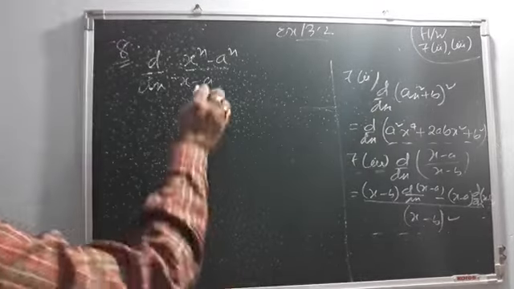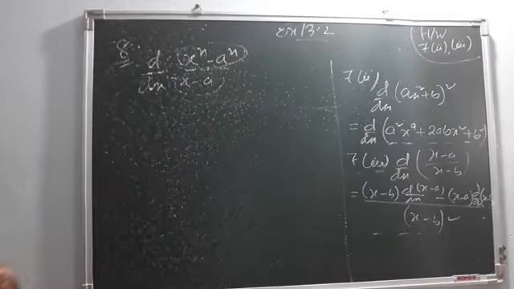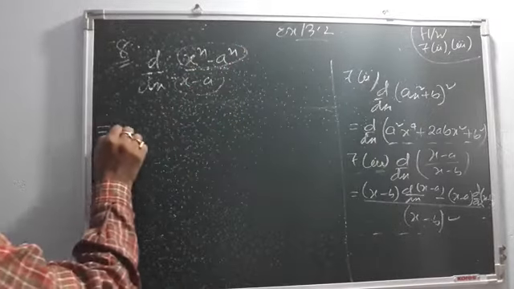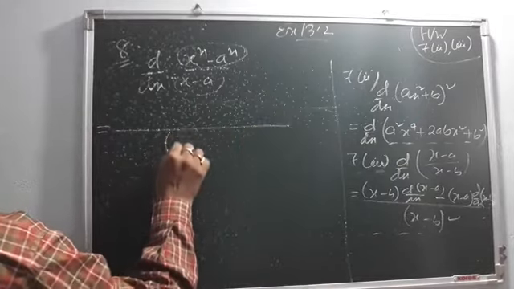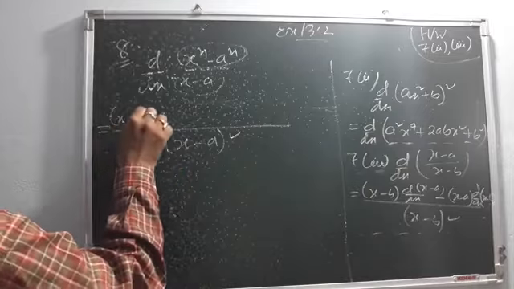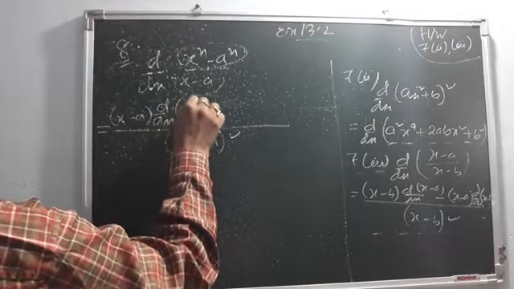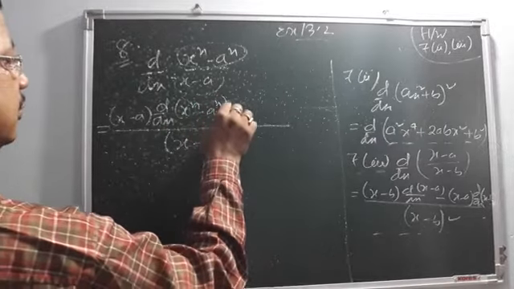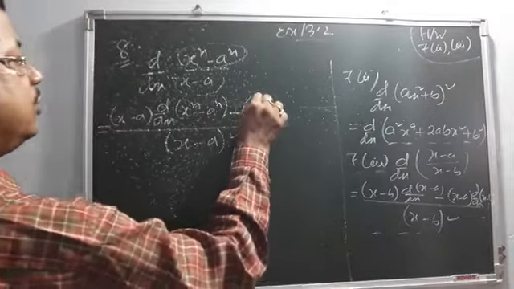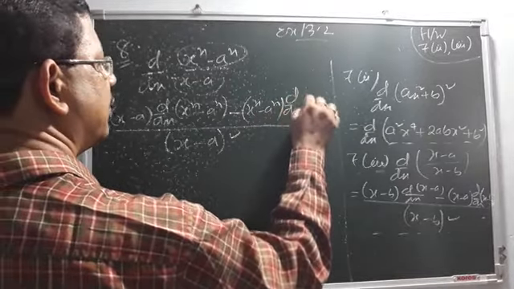It is u by v form. You think this is u, this is v. Then the formula is what? V squared, that is (x minus a) whole squared. Keep x minus a, differentiate x to the power n minus a to the power n, minus, keep this and differentiate only x minus a.